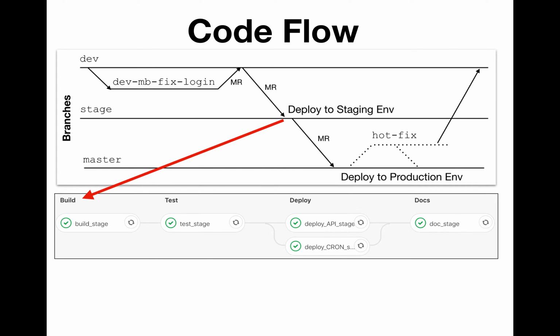Once that merge happens, the GitLab Runner picks that up and starts to build this pipeline, starts to instantiate and execute everything in this pipeline. So the GitLab Runner will do a build stage, we'll do a test stage, we'll deploy these 2 things in parallel, and when we're done, we create some documentation, and we ship it off. And then, so we go through there.